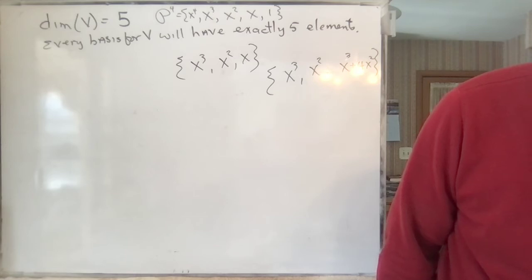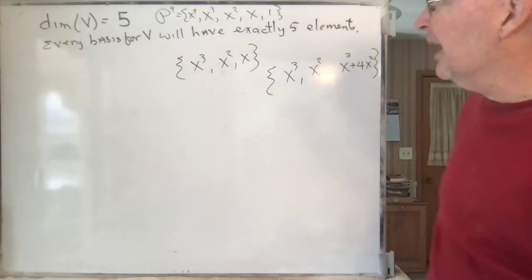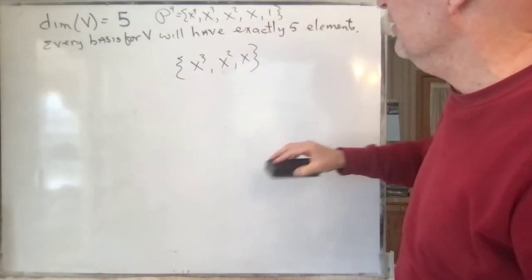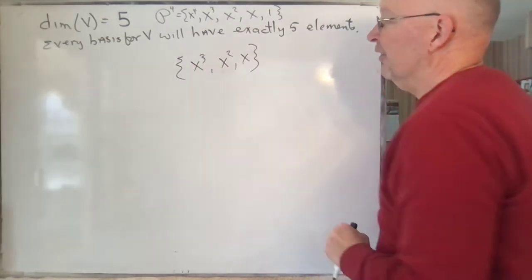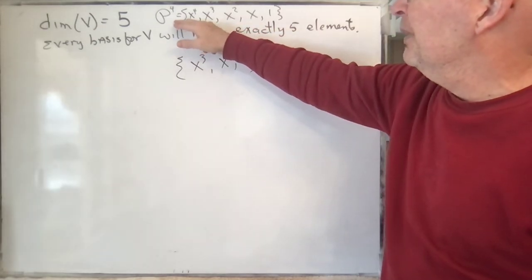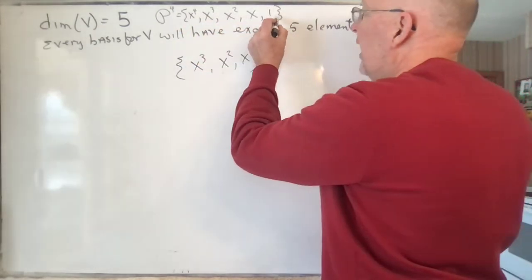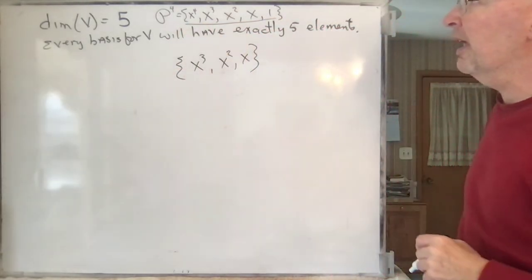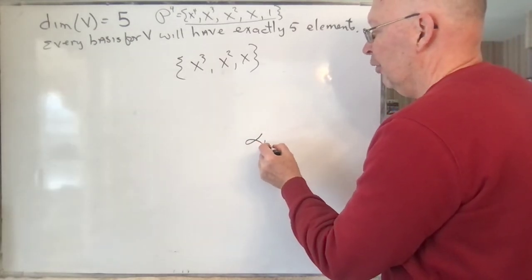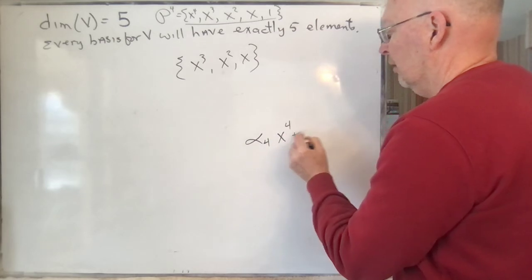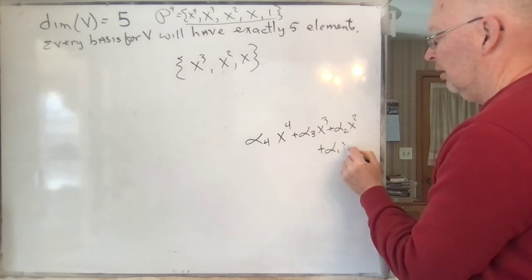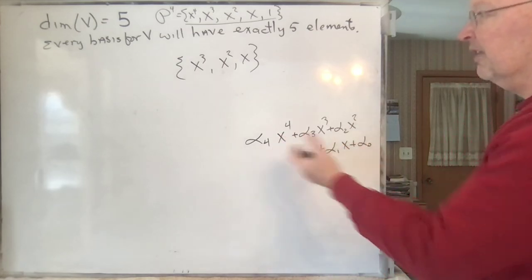A set with fewer than n elements must, may, or cannot span V. Here you need 5 in your basis. If you have less than 5, is there any way that this can span all of P4? In order to span all of P4, it's got to be able to give you everything of the form a plus bx plus cx squared plus dx cubed plus ex to the 4th.